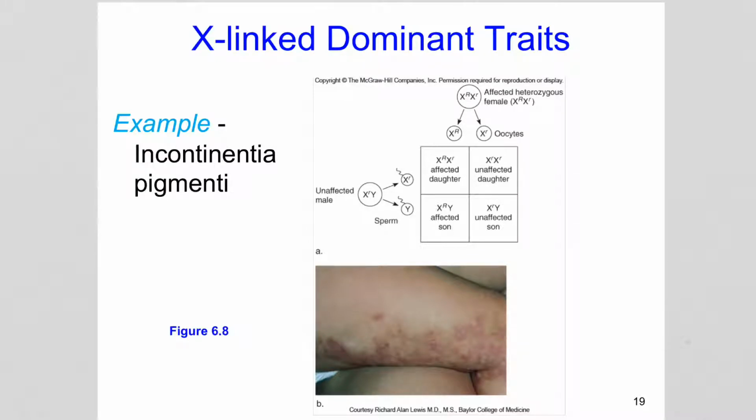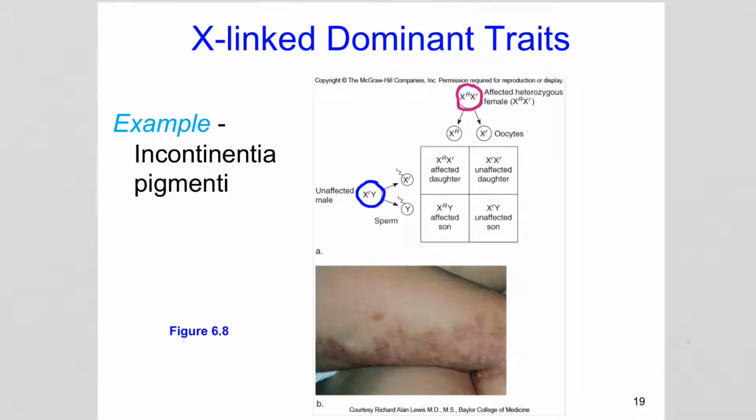So when we look at the Punnett square, as I mentioned, these types of conditions are not typically passed on via the male side, and that's because they can often be more severe for a male. So in this case, we're going to have an unaffected male here on this end of our Punnett square, and we're going to have an affected heterozygous female.